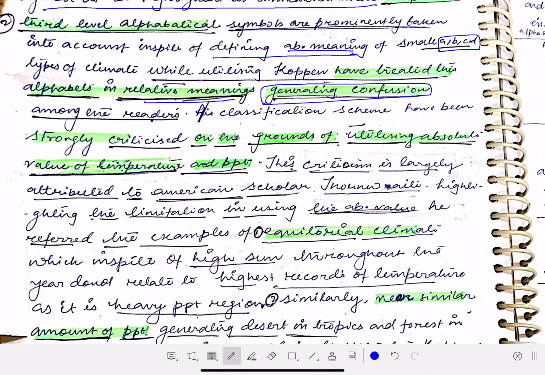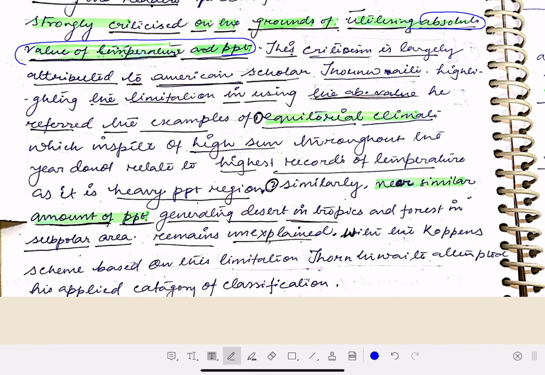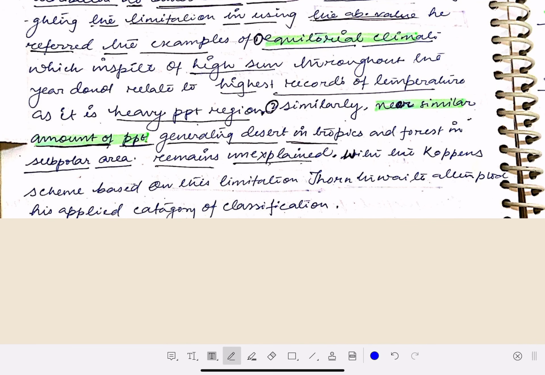Next, the third criticism: he strongly utilized the absolute value of temperature and precipitation. What is this absolute value? You can read this but just understand this.